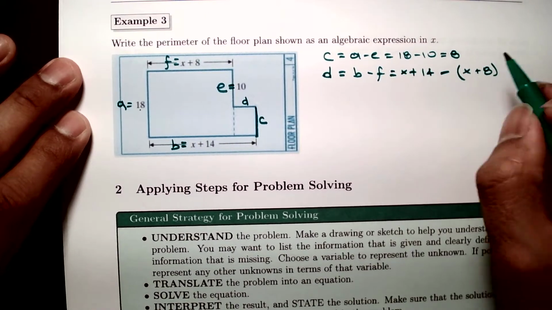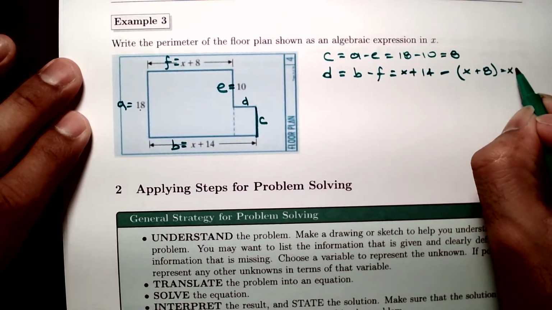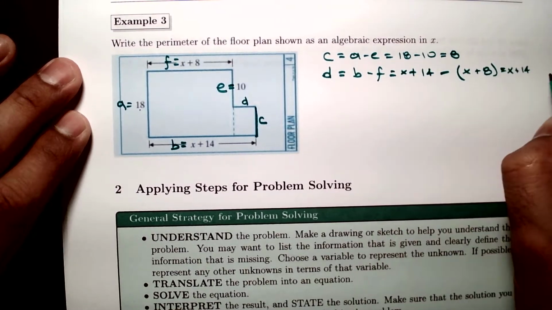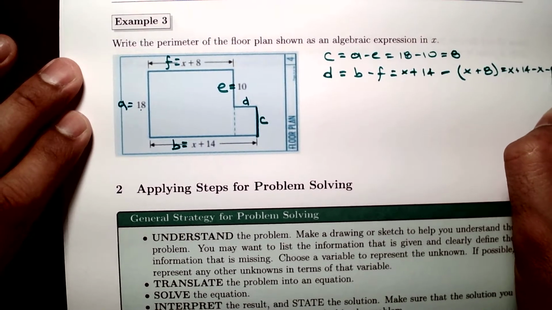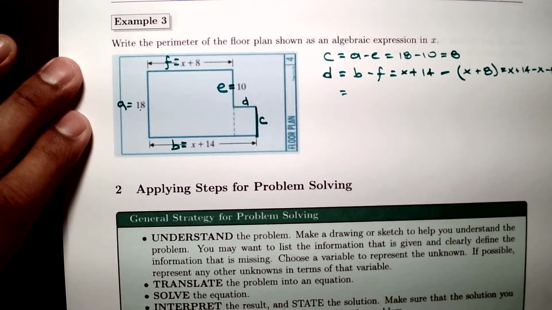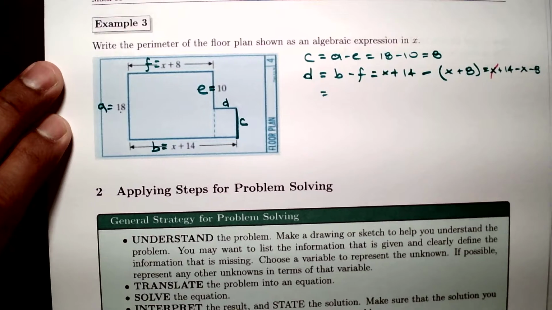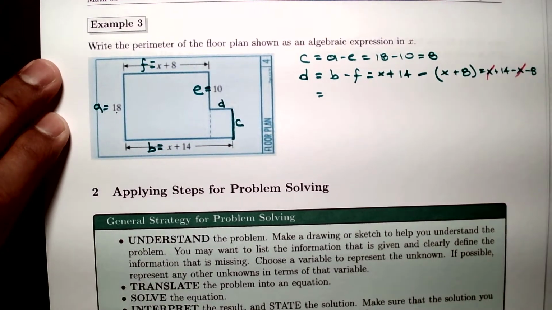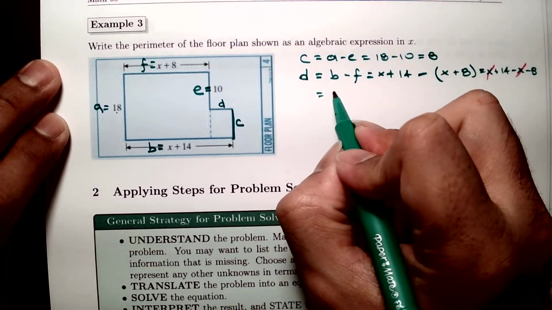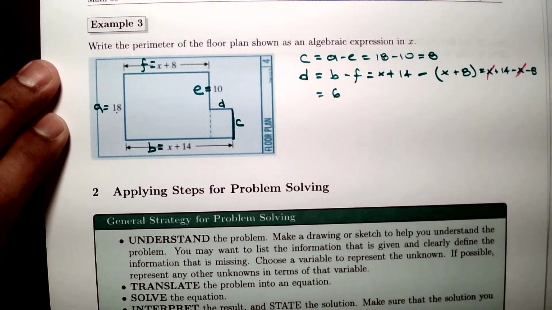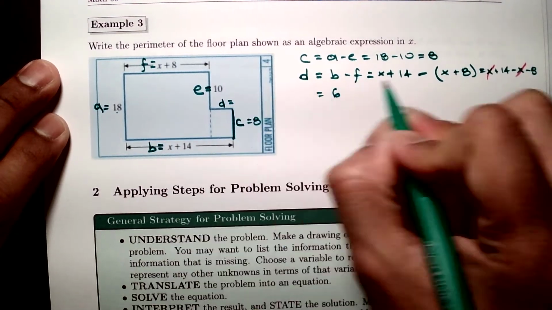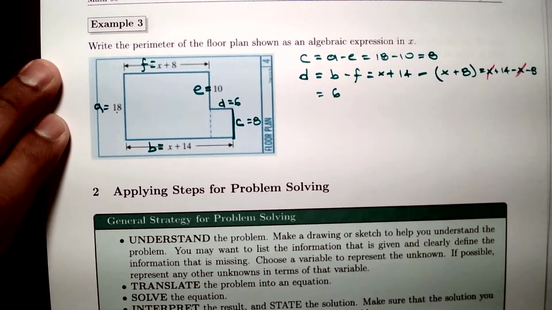That's x plus 14 minus x minus 8, and that's going to give us 6. Notice how the x's go away. They cancel. And 14 minus 8 is 6. So C equals 8 and D equals 6.